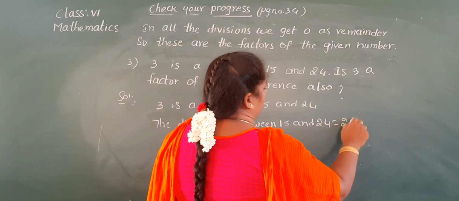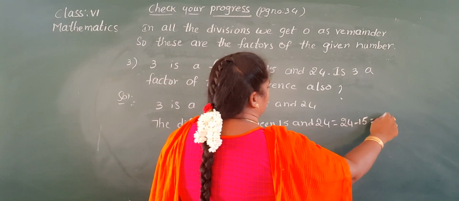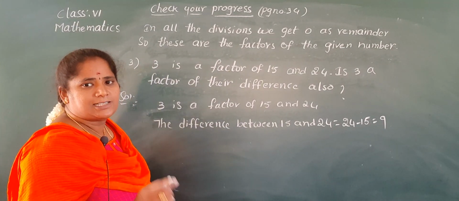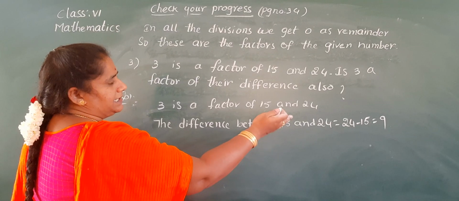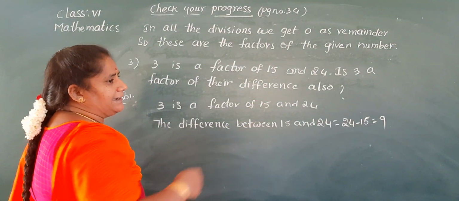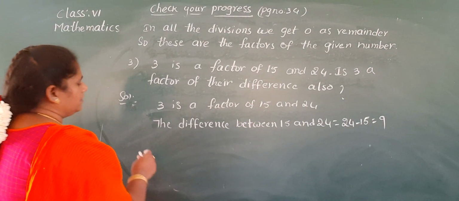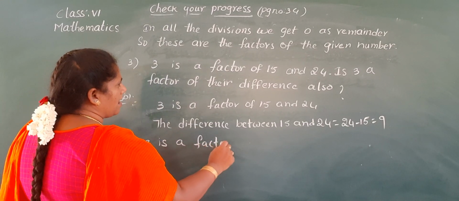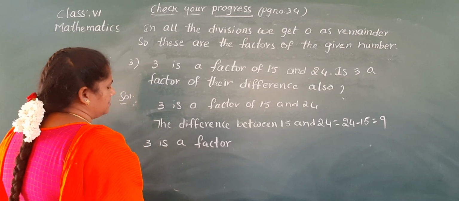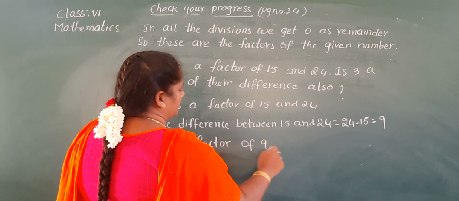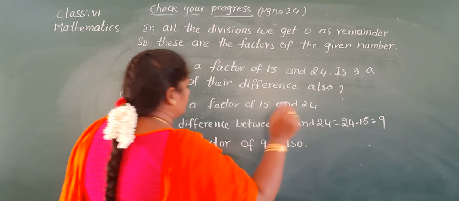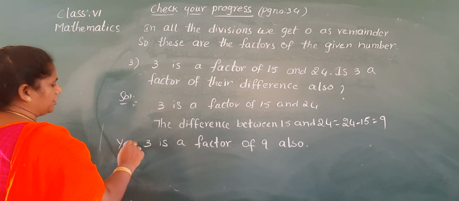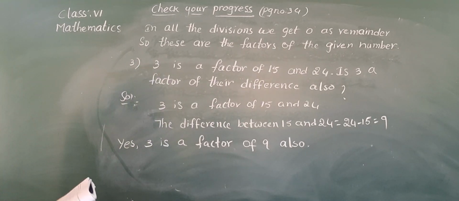So 24 minus 15 equals 9. Yes, 3 is a factor of 9 also. Okay, in 3 table we will get 9, no? So 3 is a factor of 9 also. Okay, ma? Yes, 3 is a factor of 9 also.